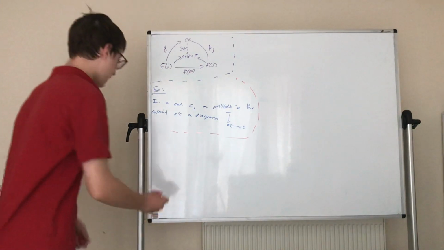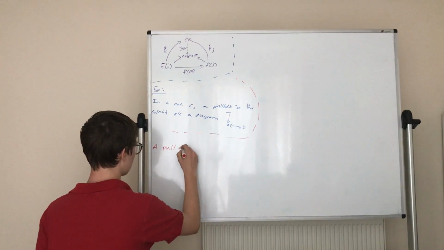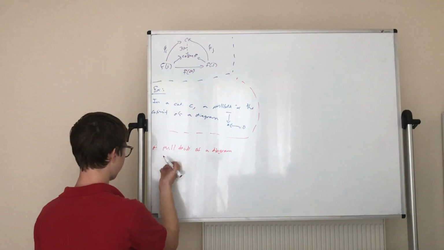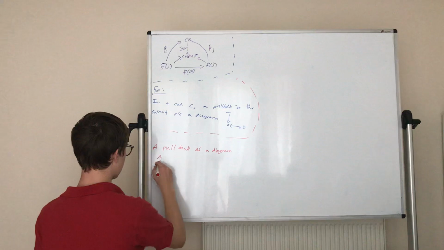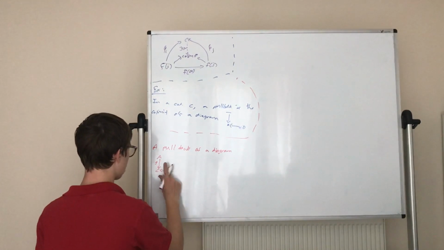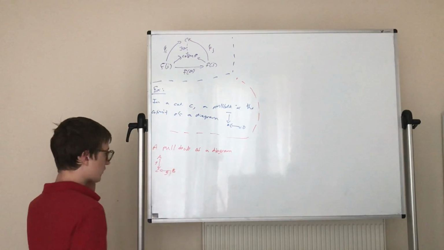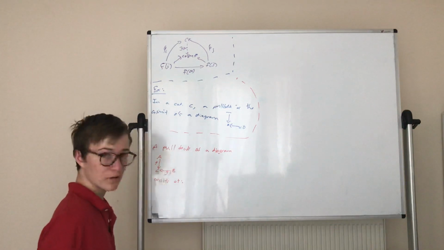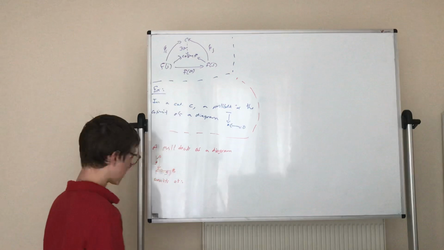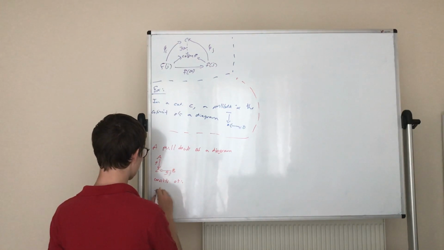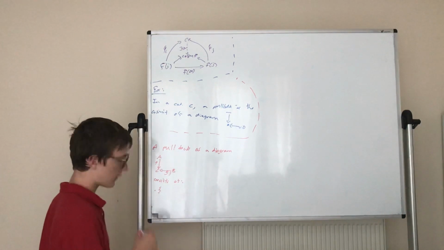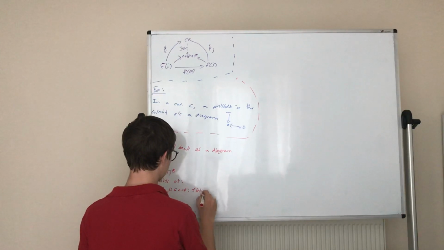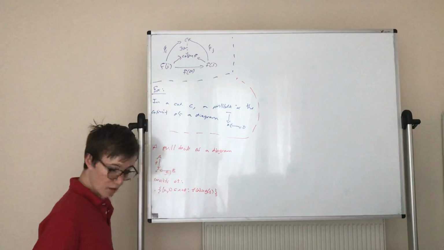So what's a pullback? A pullback of a diagram which looks like, say, we'll have A going via some f to C, and we'll have some g going to C via B, consists of the object which we were talking about before, which will be a subset of A cross B, given by the set of all (a, b) in A cross B such that f(a) is equal to g(b).